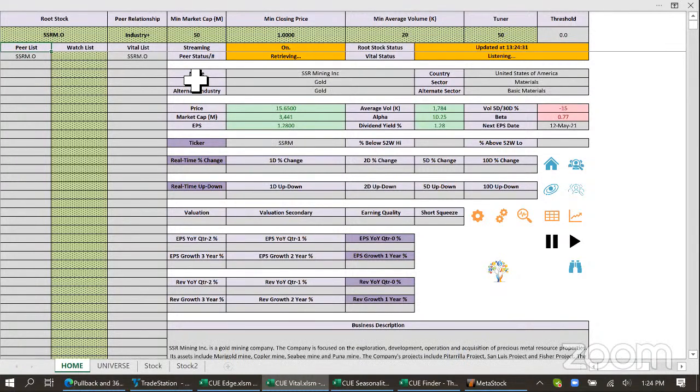However, its fundamentals were also very strong. Fundamentals don't change every day, so I expect it to be strong today also. Let's look at it. Q Vital for fundamental and peer analysis using real-time data. It's retrieving the data and then calculating the scorecard. Give it a few seconds more.